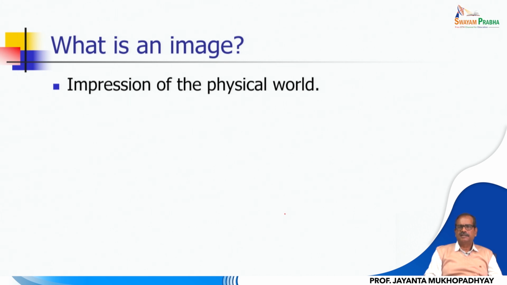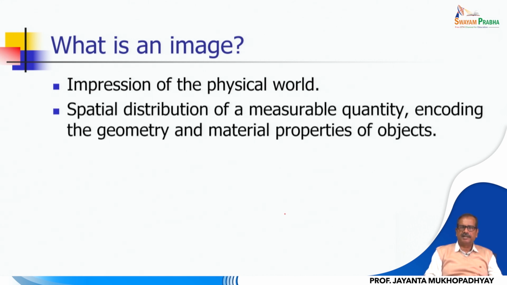That is one of the motivations to get images, to understand the physical world better, or sometimes where you do not have any access, by taking images through different mechanisms, you try to get a glimpse of what is going on there, and then interpret it to understand the world better. Also, for the purpose of recording, when you get an image, you can record the phenomena. So it's an impression of the physical world.